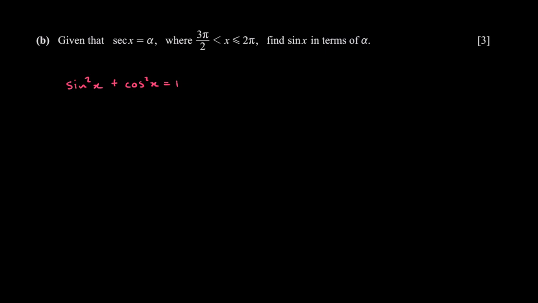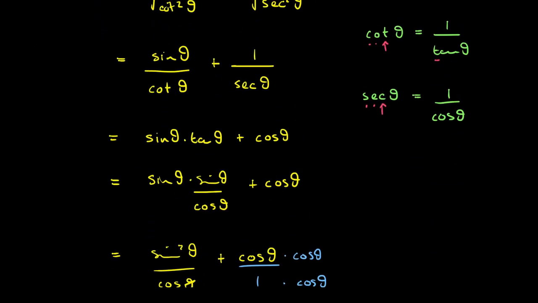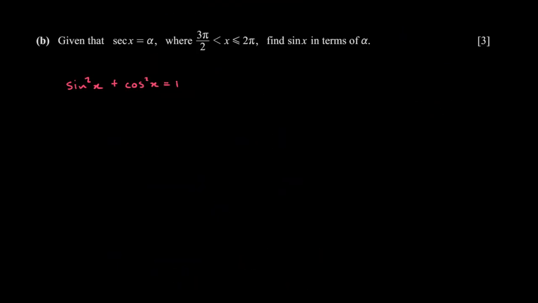And we've also noticed that sec is 1 divided by cos. So we did that in the previous one. We look at the third letter, the third letter is c, so we know it's 1 divided by cos. So if sec is equal to alpha, then we can say that cos x must be equal to 1 divided by alpha, because I just invert the fraction.